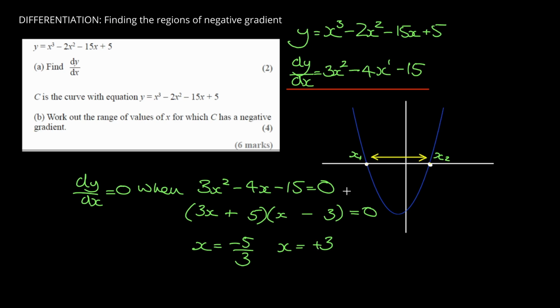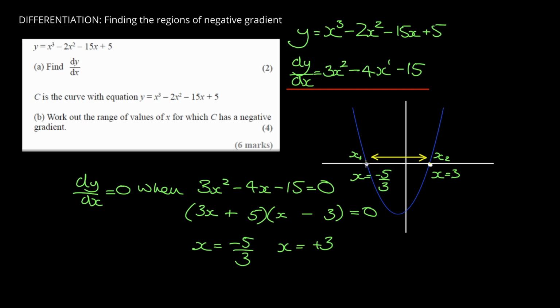So the diagram wasn't entirely wrong. This turns out to be x equals 3, and this point turns into x is equal to negative 5 over 3. So we just need to write down the range of values for x where the curve has a negative gradient.